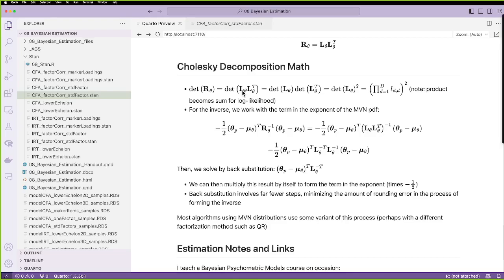It turns out this determinant becomes a product of the diagonal if you have a triangular matrix. Actually, it's the square of the product of the diagonal, but it's a lot fewer computations. So what we end up doing, oftentimes, in using the multivariate normal density, is that we don't use the full covariance or correlation matrix. We use the Cholesky decomposition of it. Remember the Cholesky?